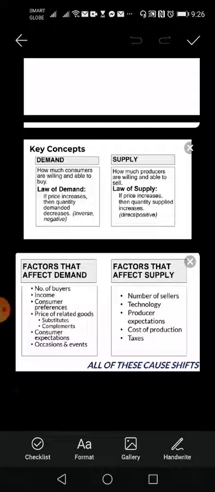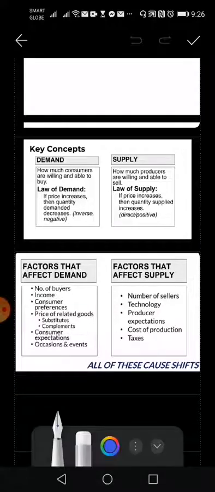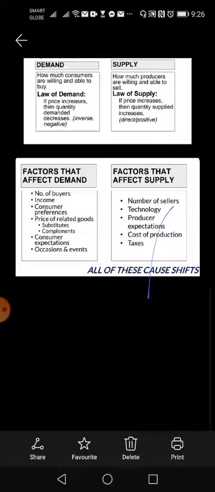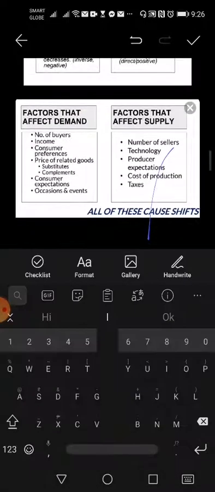So, para gumawa niyan, I'll just give you an example. You start with creating your graph first.